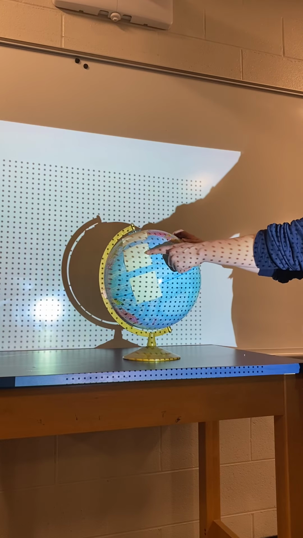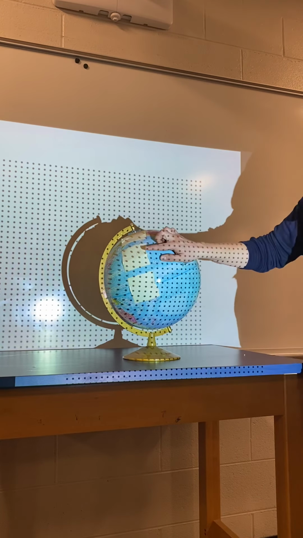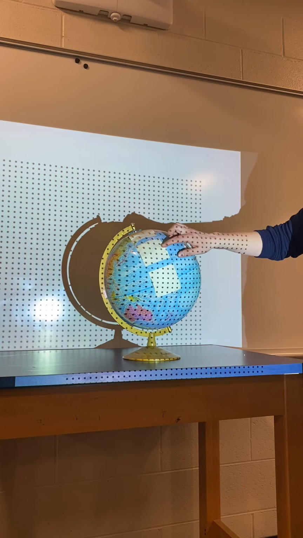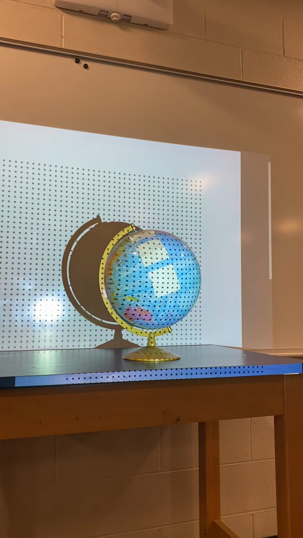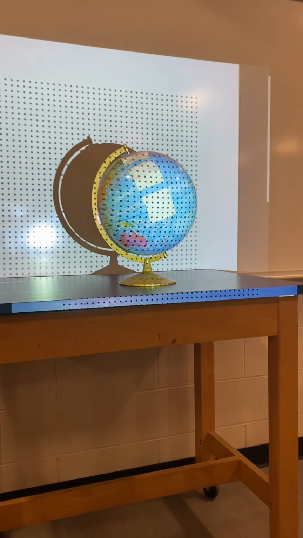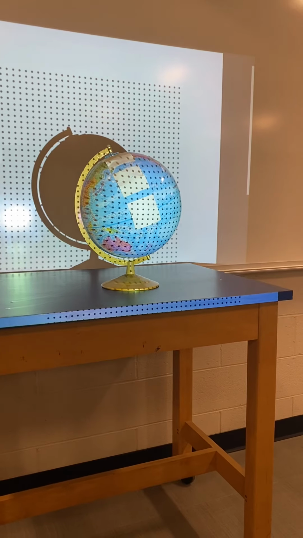So if you're thinking about Michigan, you would be thinking about this center sticky note here. When we collected data, we counted the number of dots on each sticky note. You can see, even just looking at it from far away, that there are lots of dots on that middle one and a little bit fewer on the top one.